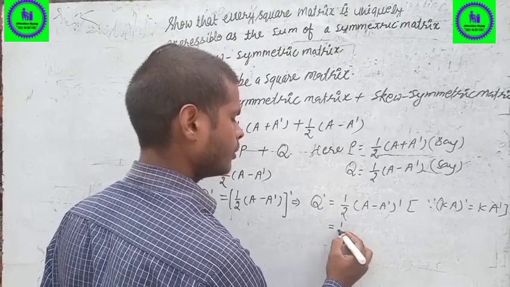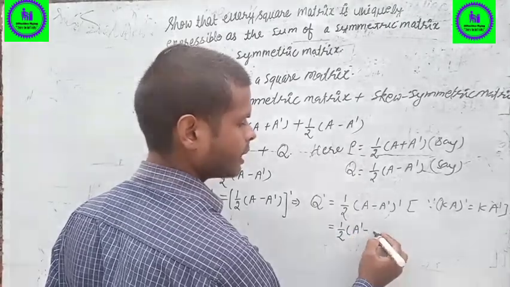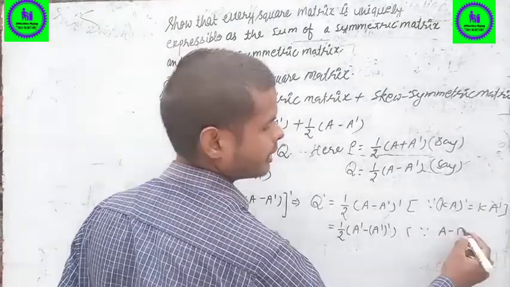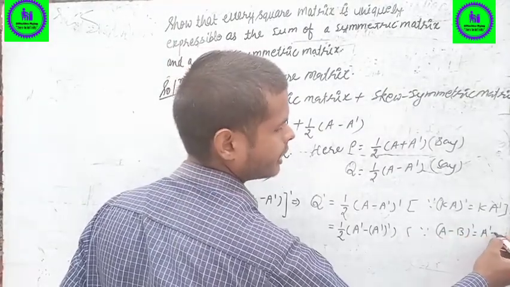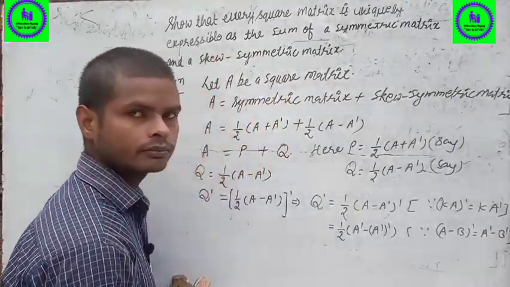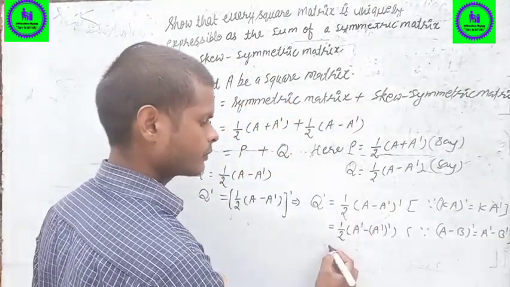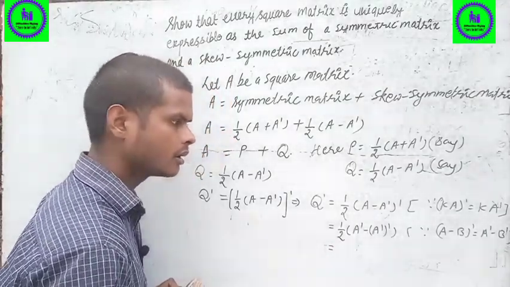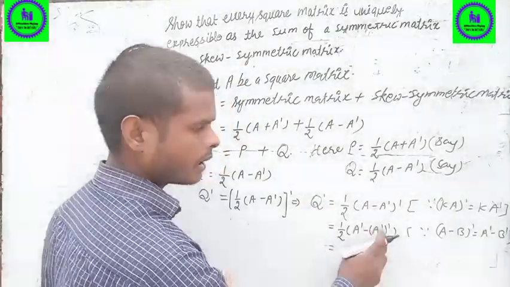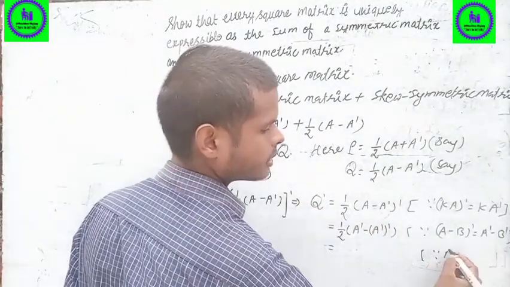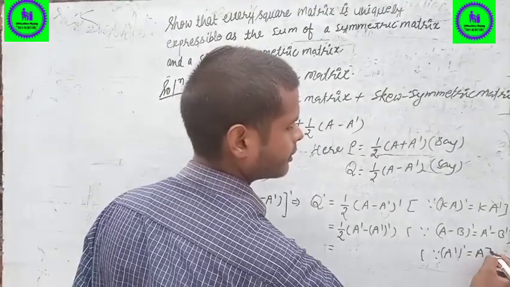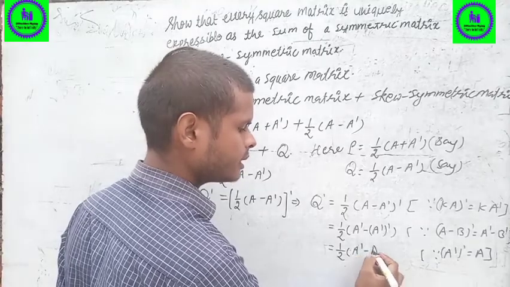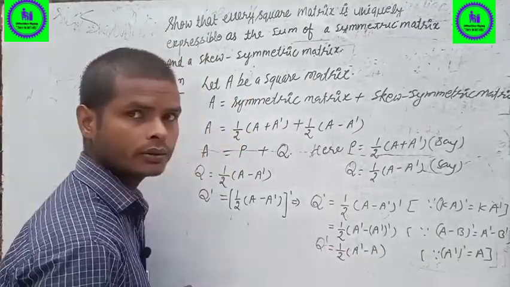Here 1 by 2 (A dash minus A dash whole dash). Since (A minus B) whole dash is equal to A dash minus B dash, we also know this property. Now, since A dash whole dash is equal to A, here Q dash is equal to 1 by 2 (A dash minus A).